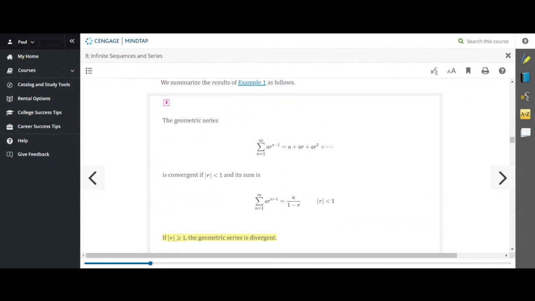All right, excellent. Okay, well now let's look at another series here. Okay, here's a series, and we want to know if the series converges or diverges. Let me give you a moment to copy that down.